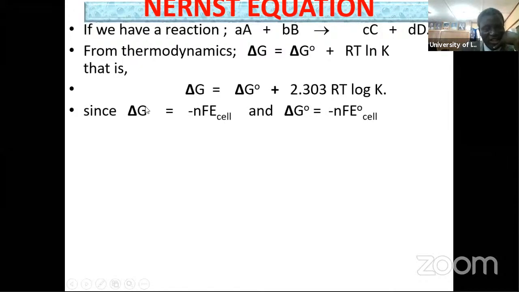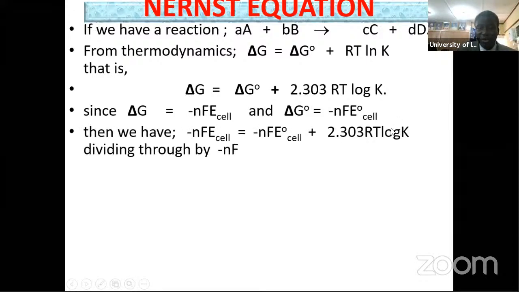Remember, this has no naught. Delta G naught is going to be equal to minus NFE naught cell. So instead of writing our delta G here and our delta G naught here, we can substitute with the various values we have. And that means that this is going to be equal to minus NFE cell equals minus NFE naught cell plus the rest of the equation.